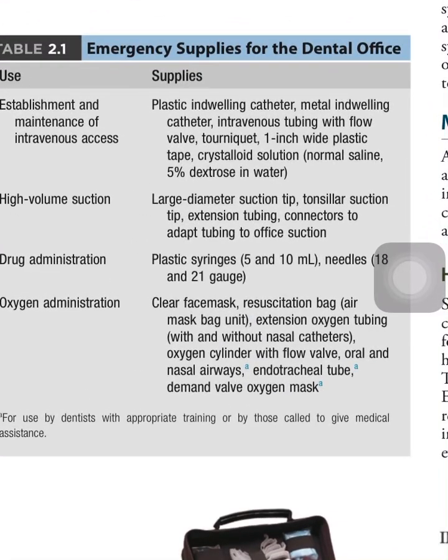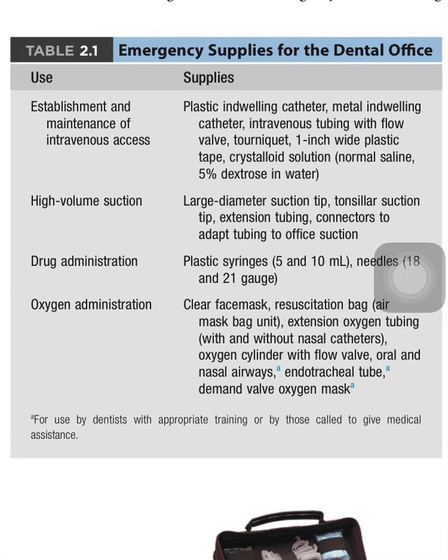So the next thing is drug administration equipment. We should have syringes of 5 to 10 mL and needles of 18 gauge or 21 gauge for injecting emergency drugs. A tourniquet is used to find and assess the vein, and IV supplies, including IV tubing. This is a very important topic for you guys. Just learn it from here and apply it there.